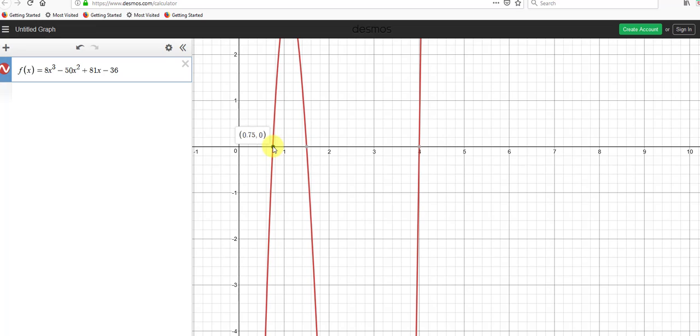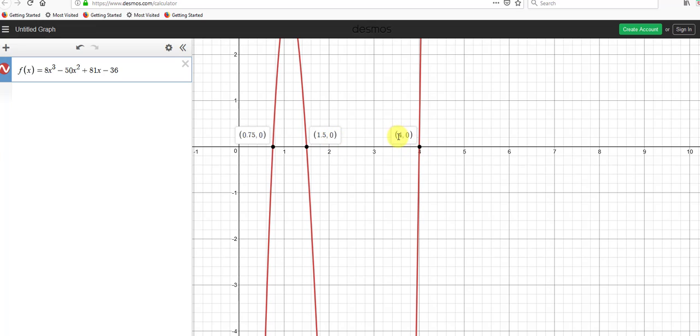If you click on here, it should give you 0.75 for the x that makes this function 0, and this one is 1.5 for x, and this one is 4.